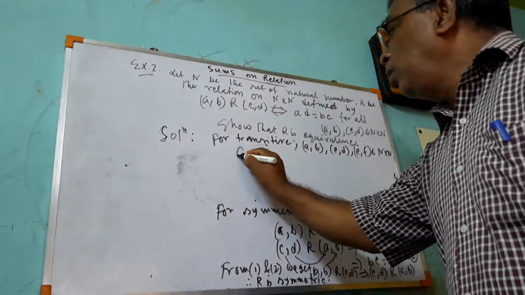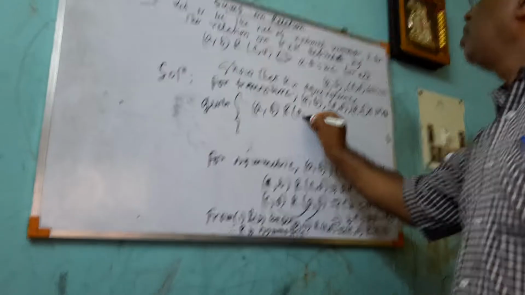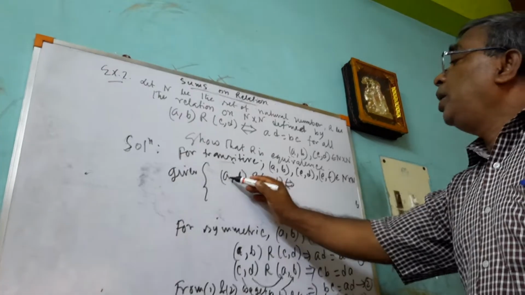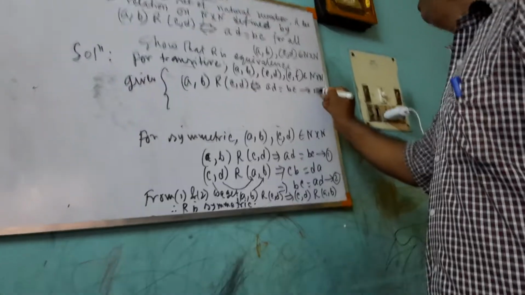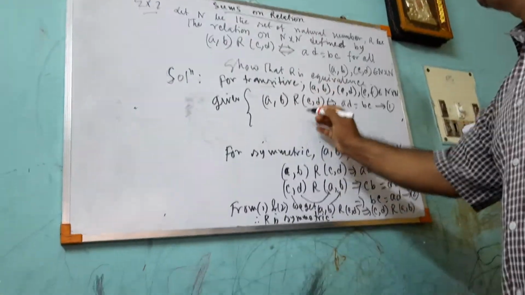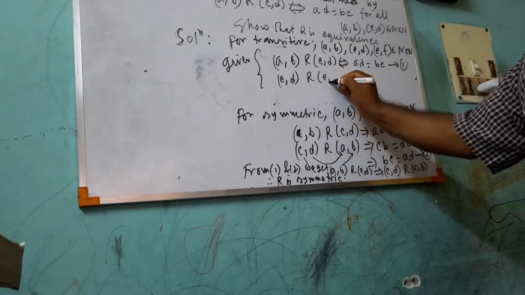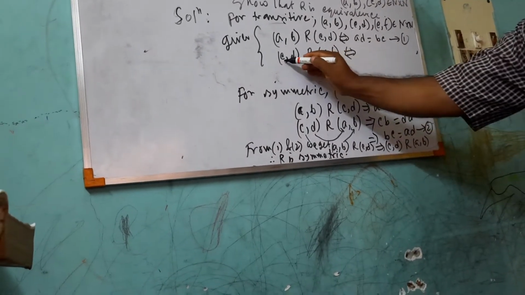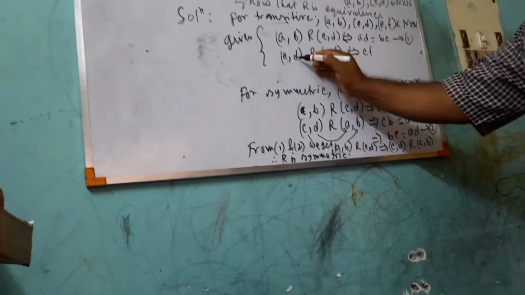Now given (a,b) R (c,d), that is A into D, AD equal to BC. This is 1. And (c,d) R (e,f) implies this with this multiplication, C into F, CF equal to DE.